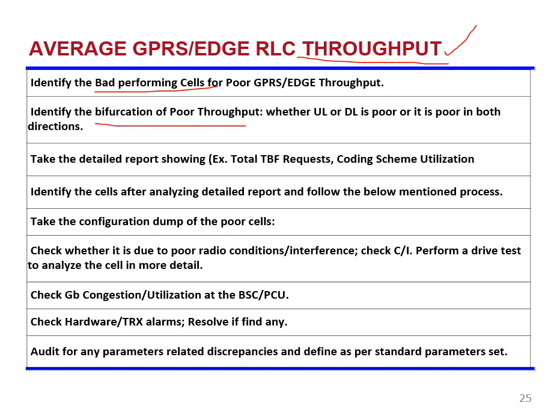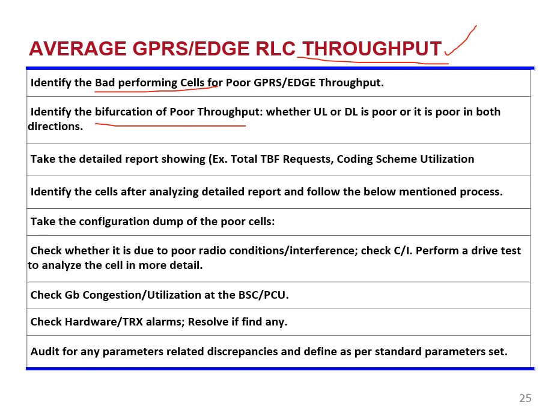Identify the bifurcation of throughput means, bifurcate the poorly performing cells and better performing cells, and you have to identify whether the uplink or downlink is poor. Bifurcation of poor throughput in case of uplink or downlink.